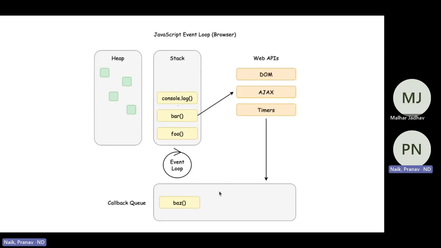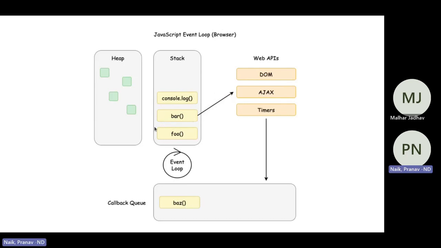So it keeps that line in the callback queue. As I was explaining, in stack memory, first it will execute console.log, then it will go to bar. Bar is in turn calling some asynchronous function.